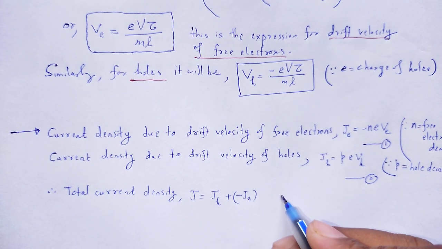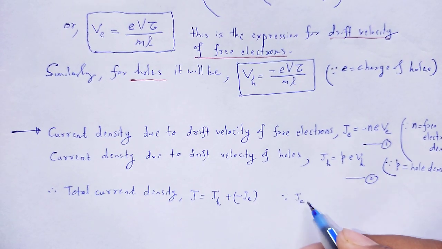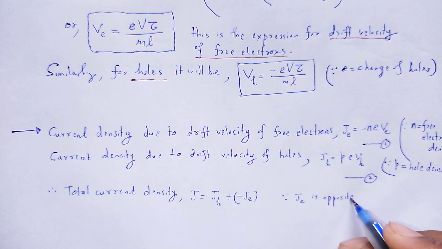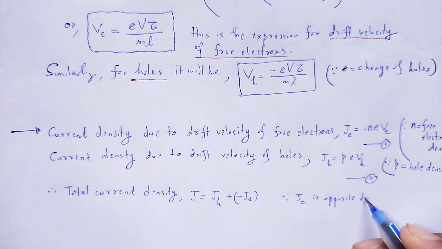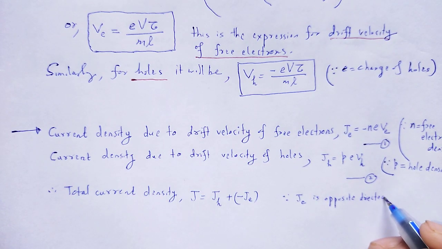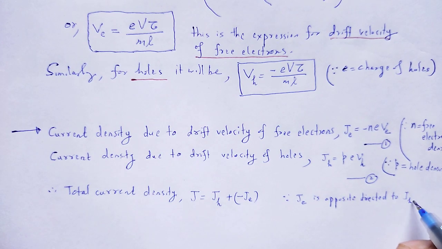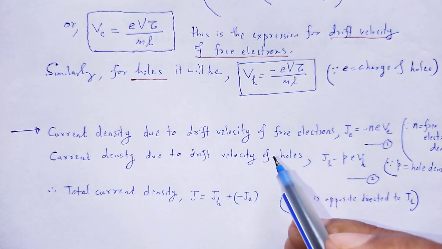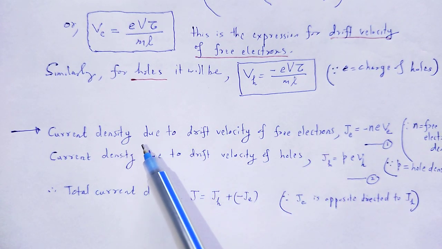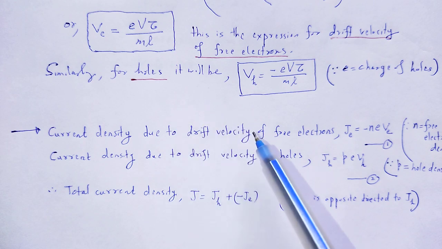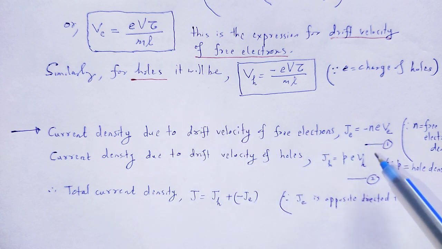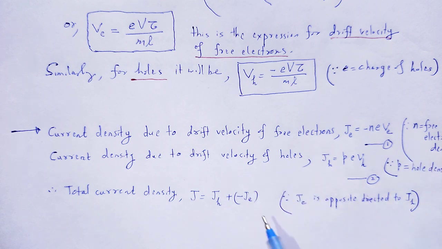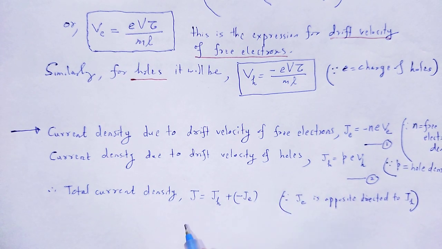We take the negative sign as J_E is directed opposite to J_H. The current density due to the drift velocity of free electrons is just opposite to the current density due to the drift velocity of holes. Therefore, we use the negative sign.